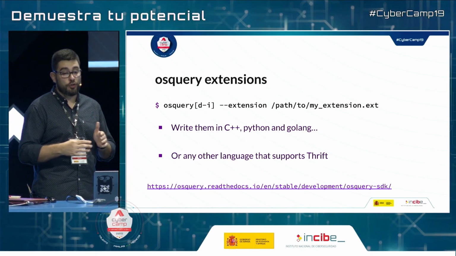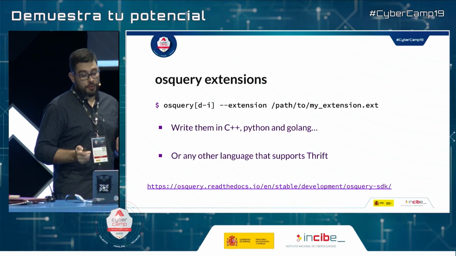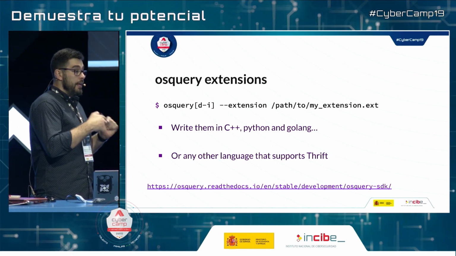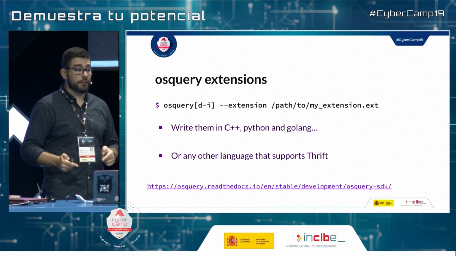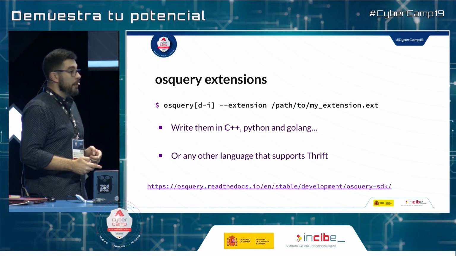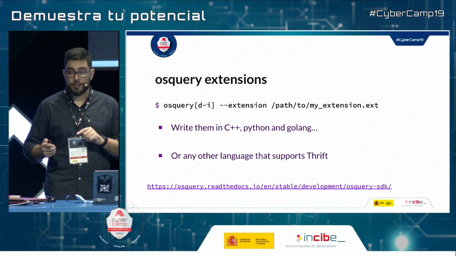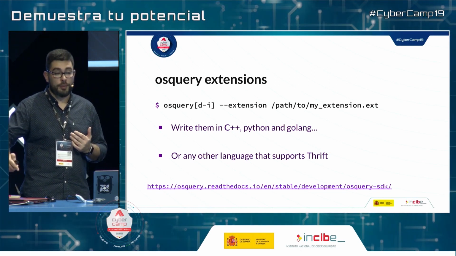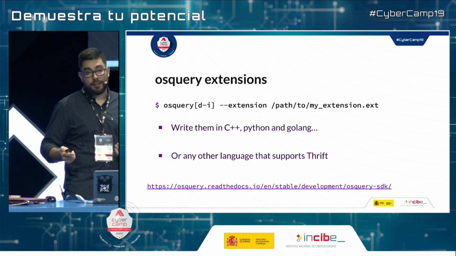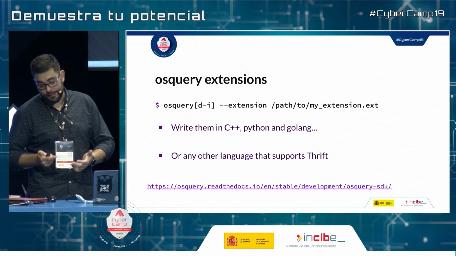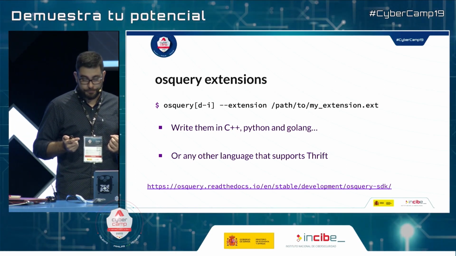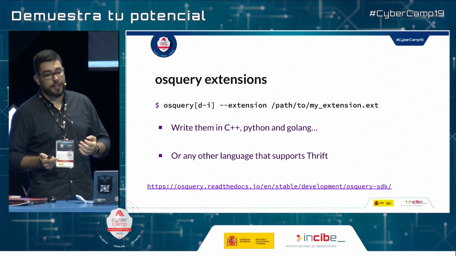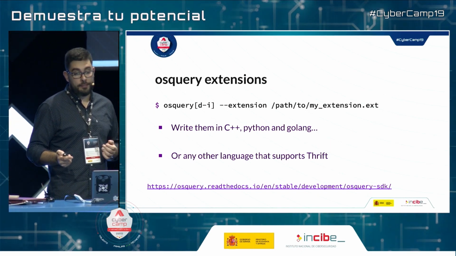So you might cause a bit of a bottleneck depending on the information that you're dealing with. Each extension is executed in a different process. It's simple to create the extension, and you can extend osquery for the commands. But on the other hand, you do lose a little bit of the essence of osquery.